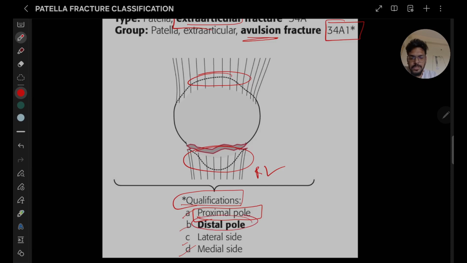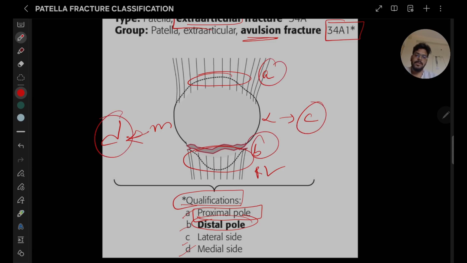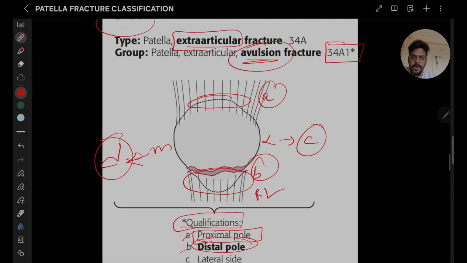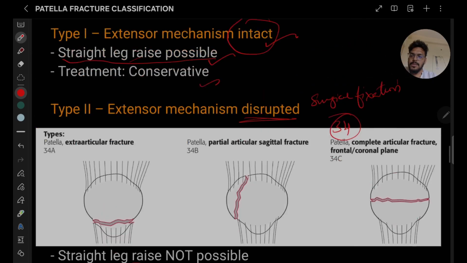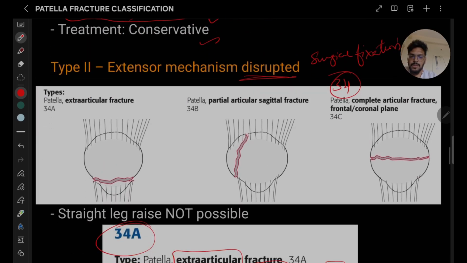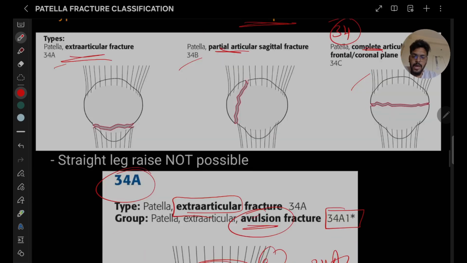The lateral side is C, the medial side is D. These are the qualifiers for avulsion fractures, that is 3, 4, A1.